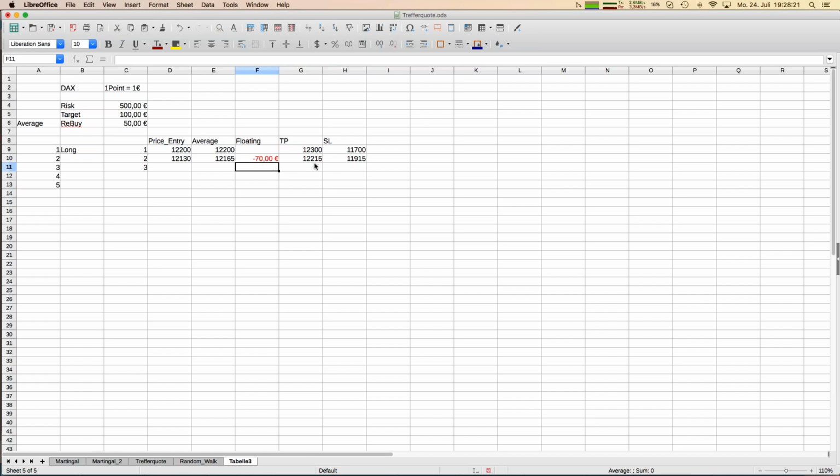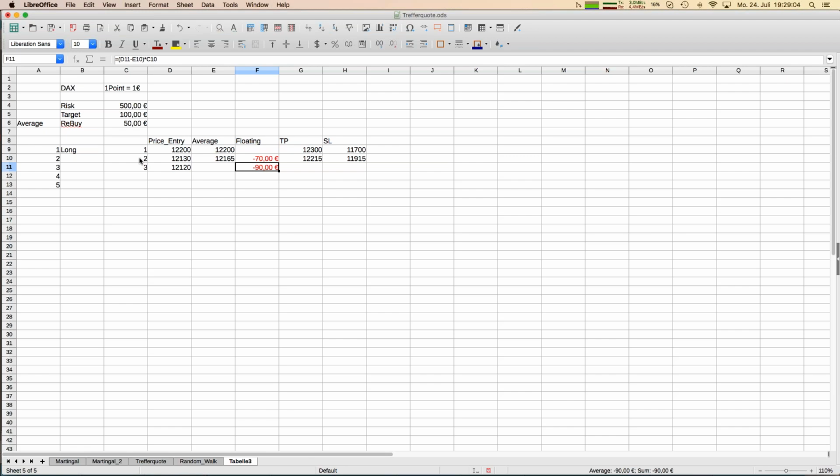In case the DAX might only go down, let's say to 12,120, then what is our current loss? Our current loss is our current price minus the average price, times our current lot size.